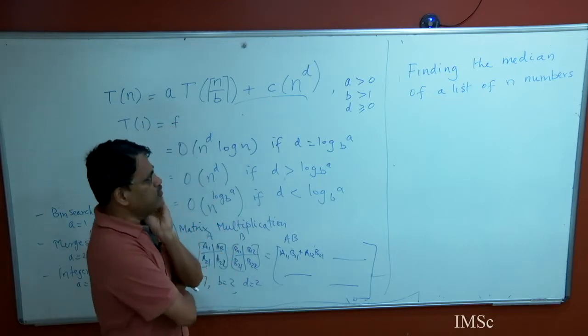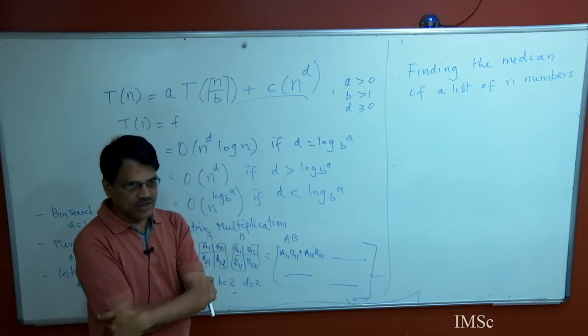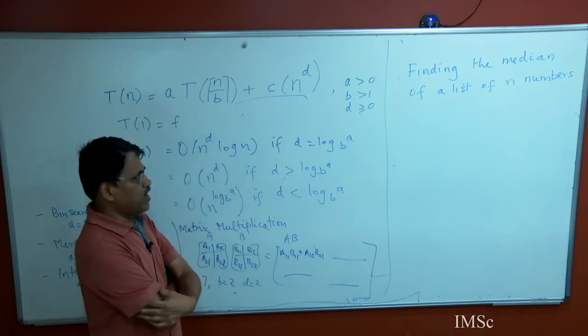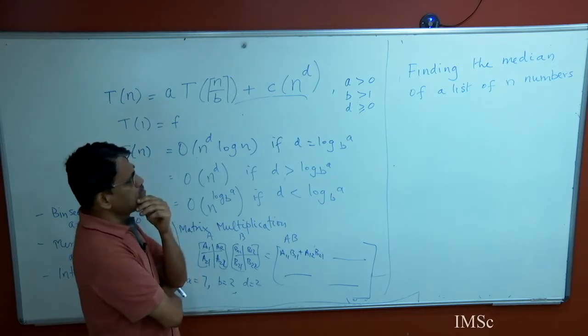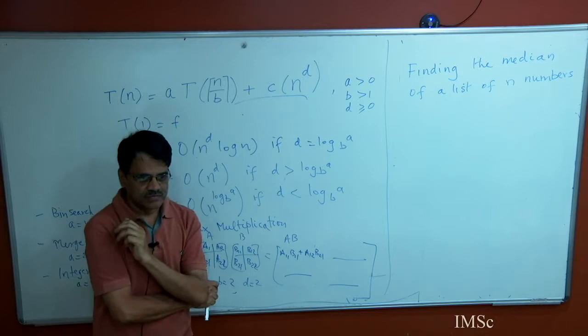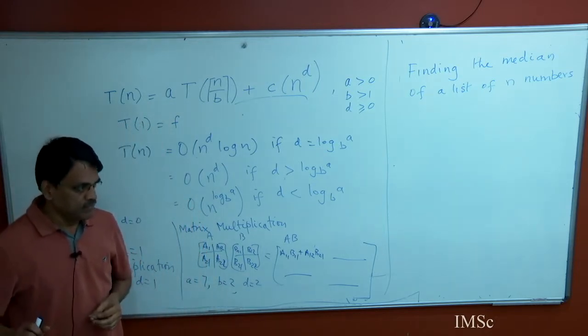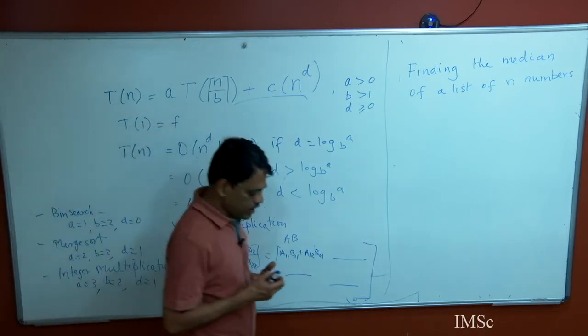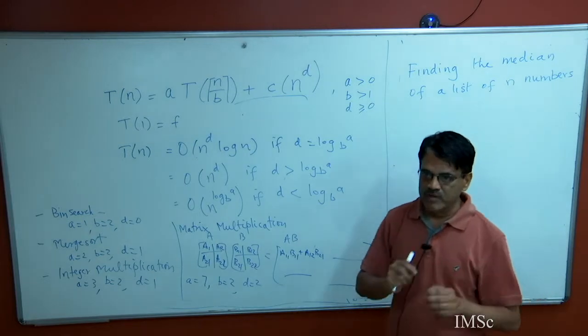Okay. So we want to find how much time or how many comparisons do you need to find the median of a list of n numbers. Okay. So what algorithms do we know naively? Yes. So one algorithm we know is we can sort the entire list and pick the middle element.